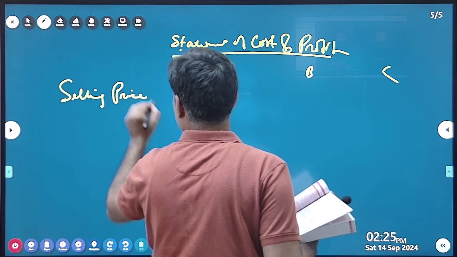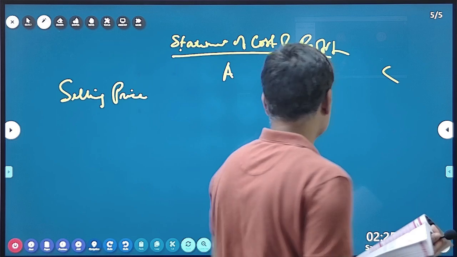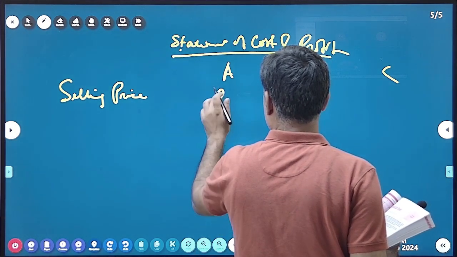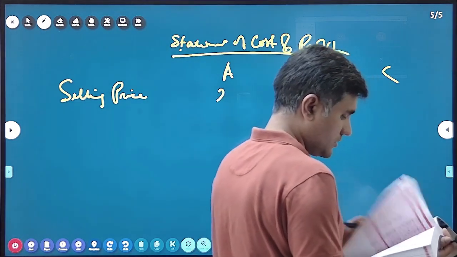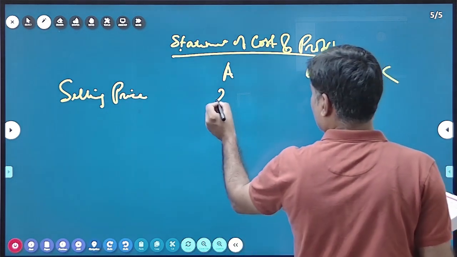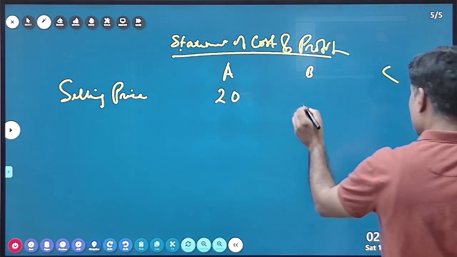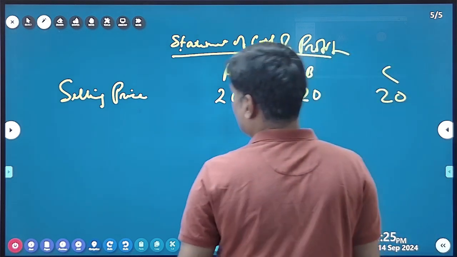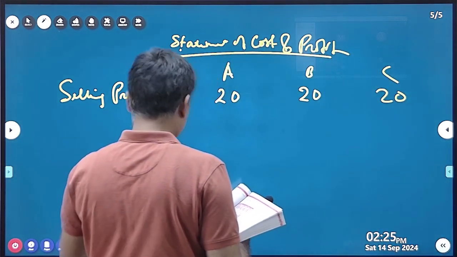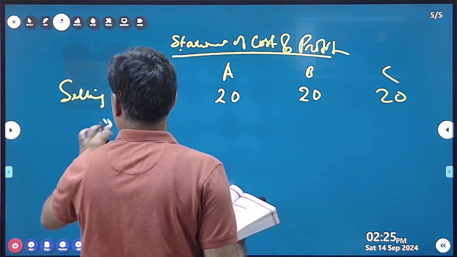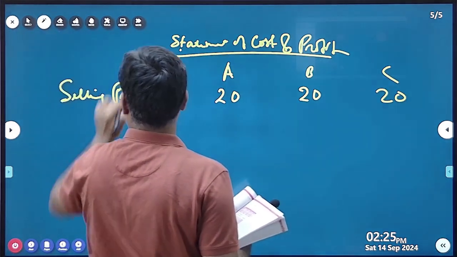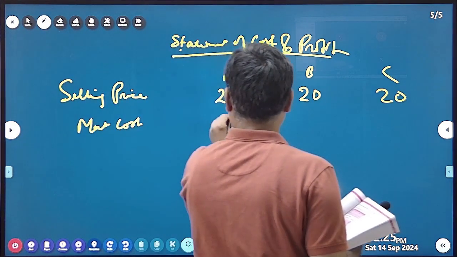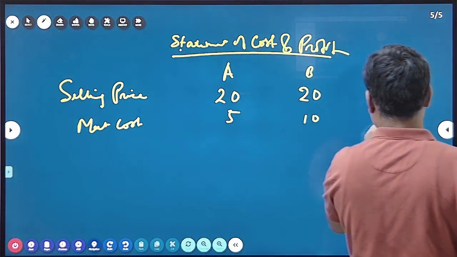Selling price how much? For A, per unit? For A it is 20. For B? 20. Now, how much is the material cost? Material cost is 5, 10, 10.